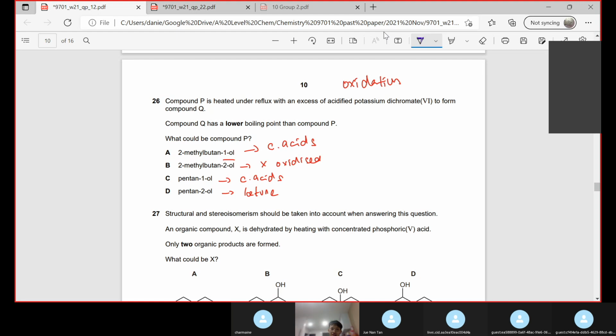So A and C are out. Then B, there is no compound Q, cannot oxidize, so out. The answer is ketone. Ketone cannot form hydrogen bonding, that's why the boiling point is slightly lower.